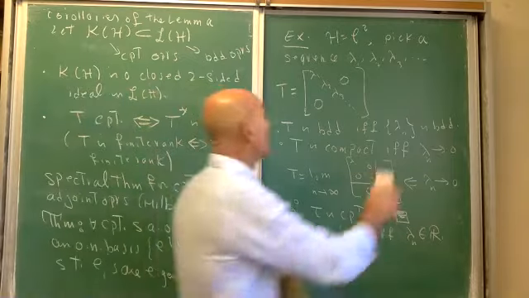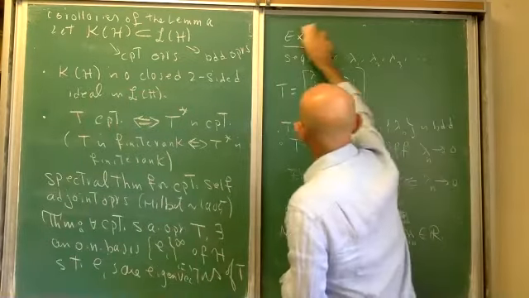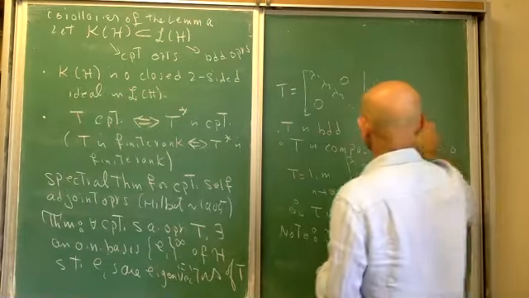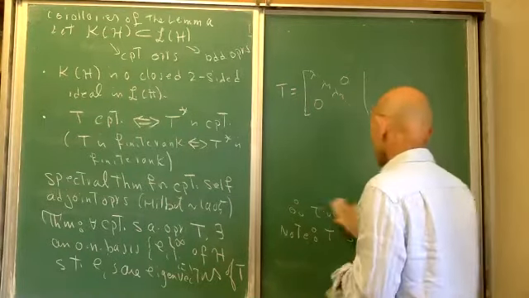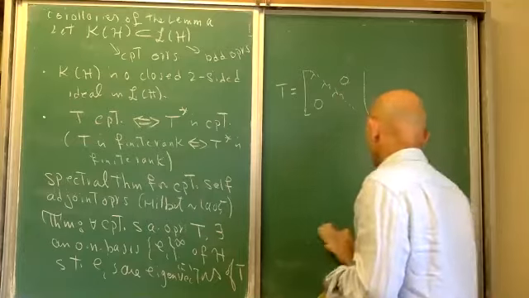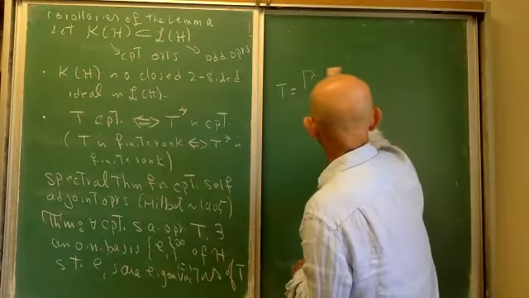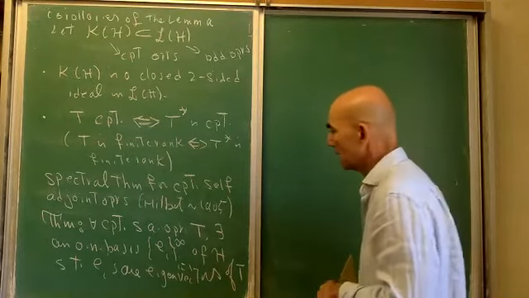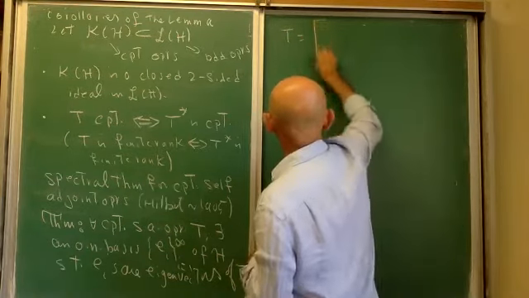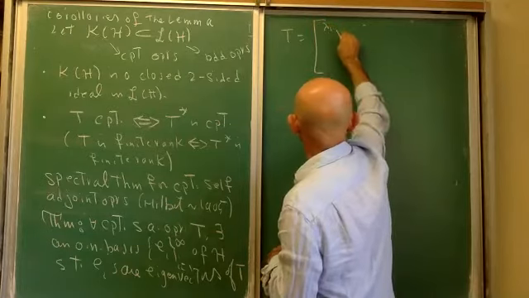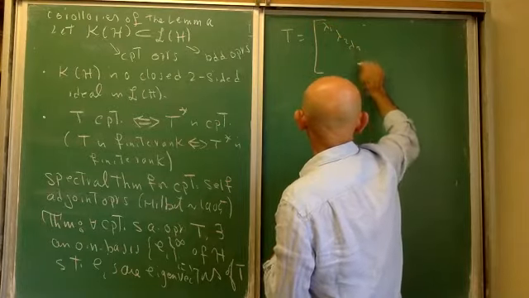So then we can actually write this T as lambda 1, lambda 2, lambda 3, and so on.